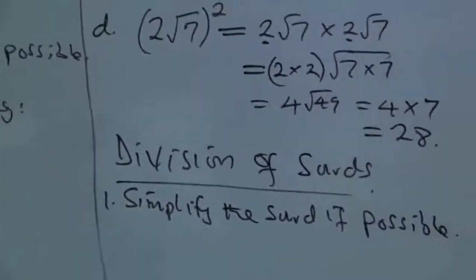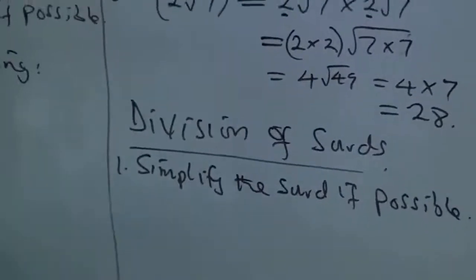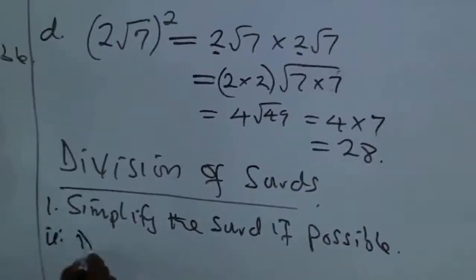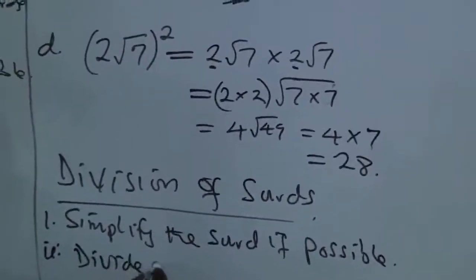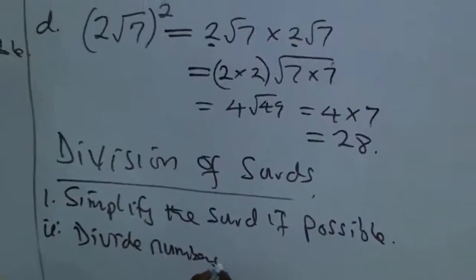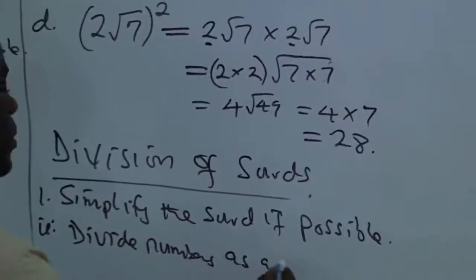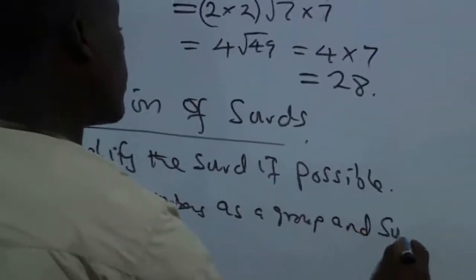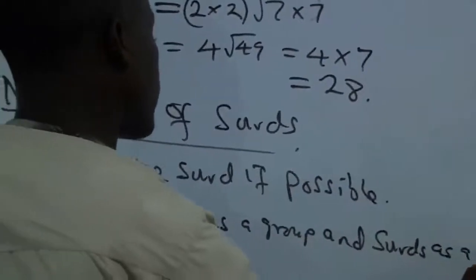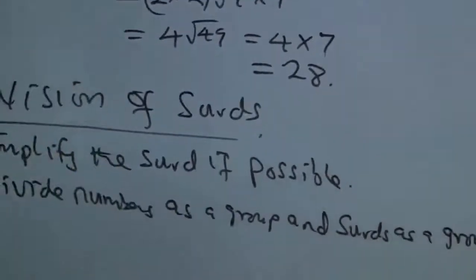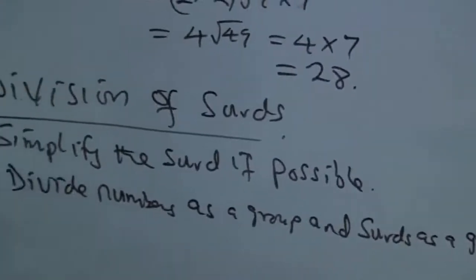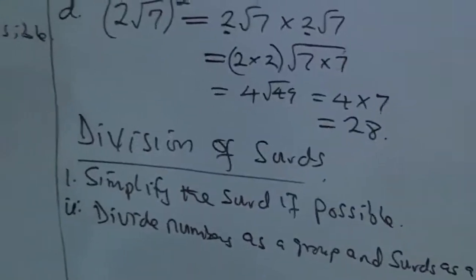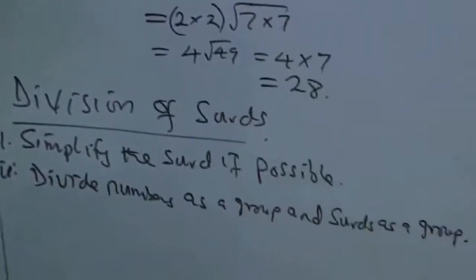Now, after you have simplified the surd, the next thing is division. So you divide numbers as a group and surds as a group. That is, group the numbers together just as we have grouped in multiplication. Then you divide them. You also group the ones under the root together, and then you also divide them.